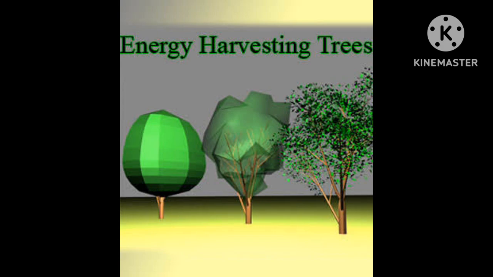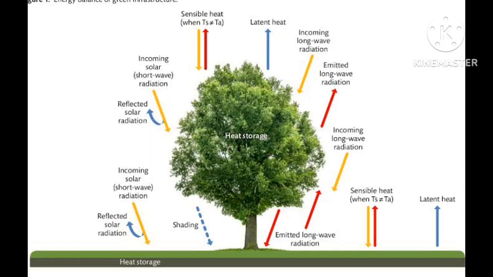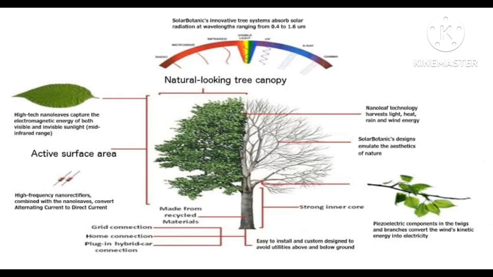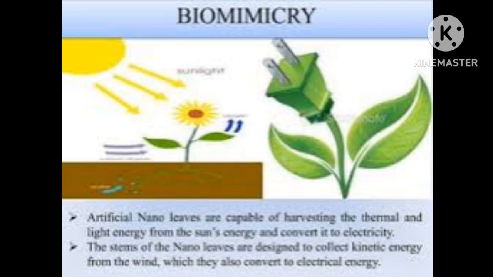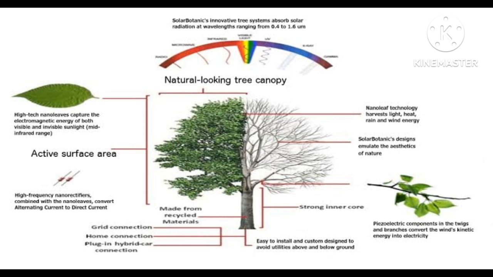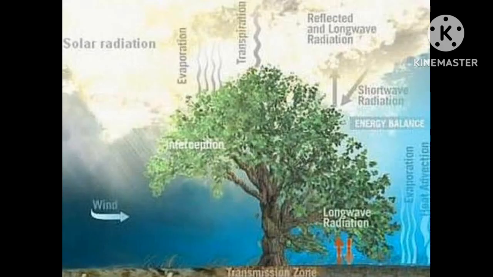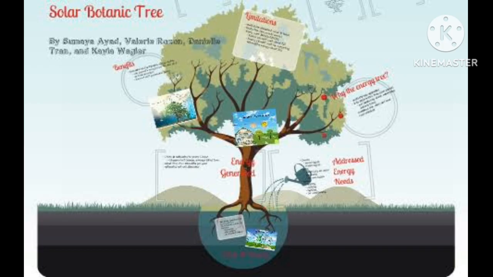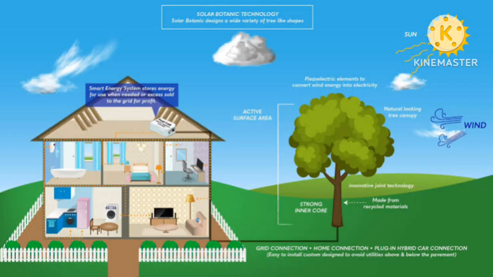A tree has thousands of leaves, and these thousands of nano leaves flap back and forth due to the wind. A stronger wind creates a higher flap frequency, and due to this higher frequency a larger amount of power is generated in the twigs and branches.